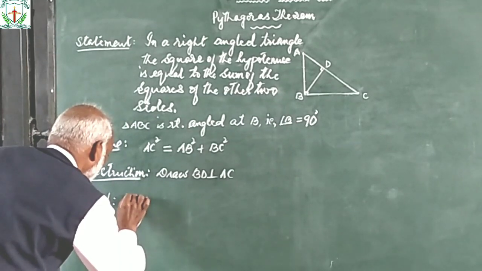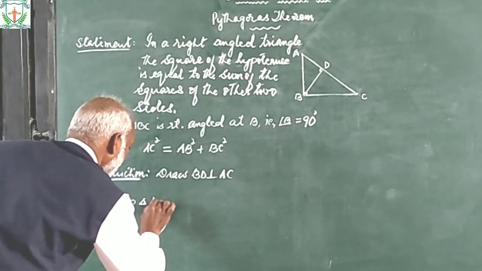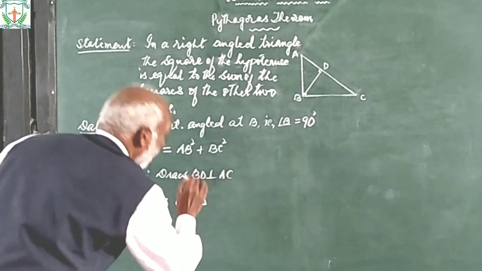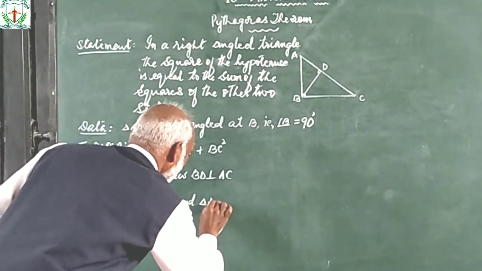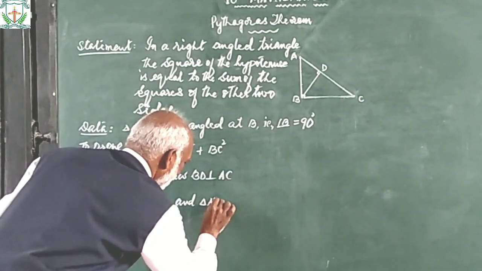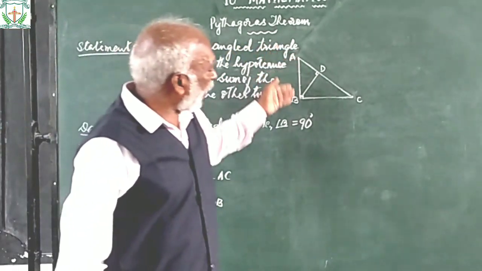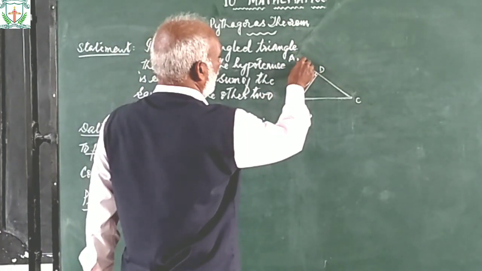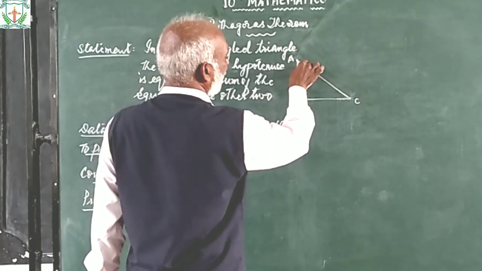In triangle ABC and triangle ADB, this vertex A is common, let it be some x.